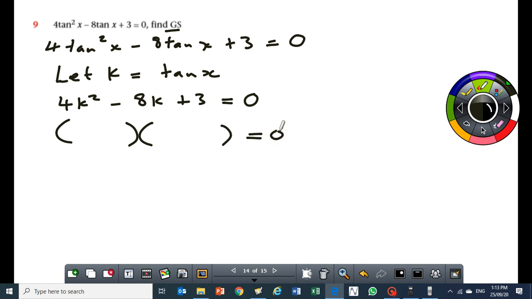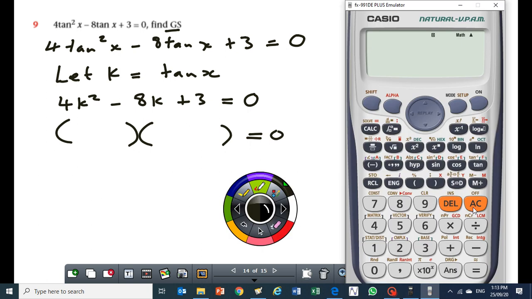Now, the beauty about it is that if you go to mode, sorry, can you pay attention? If you go to mode number 5, then number 3, you must have a good calculator like this one which can solve quadratic equations.